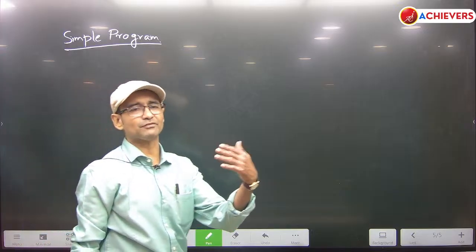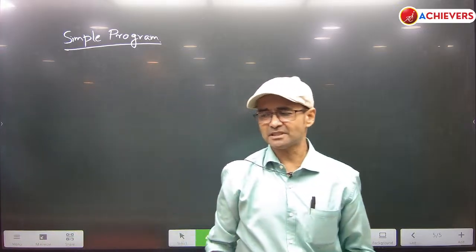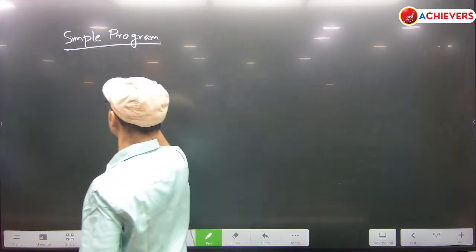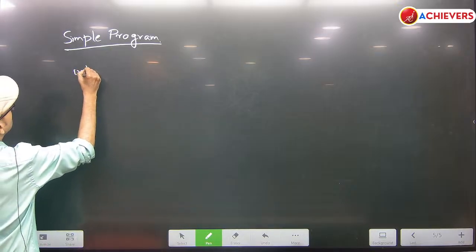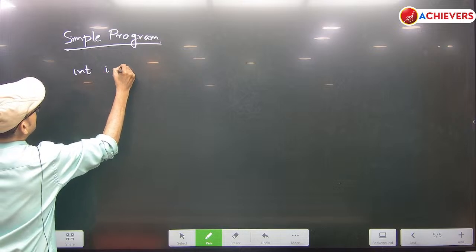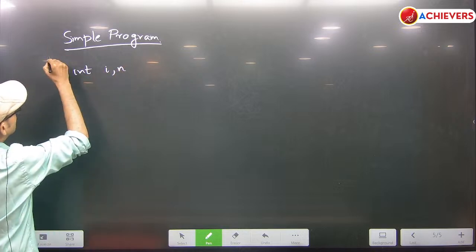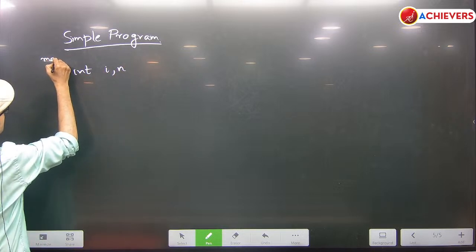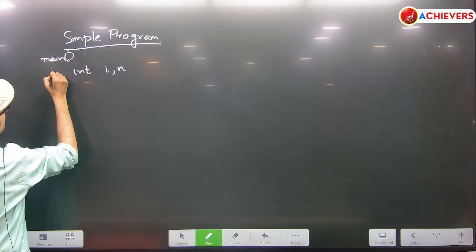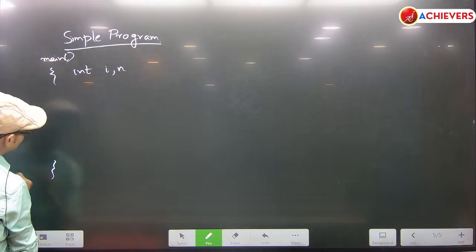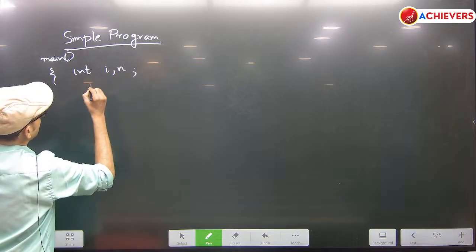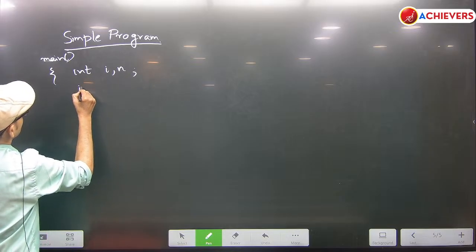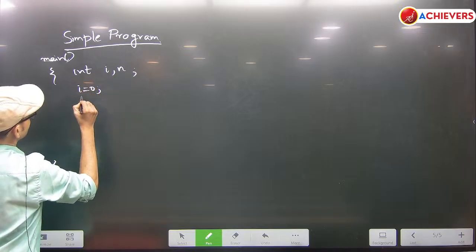Since we have C program in the next semester, I will be just writing a very small C program to make you understand. Int I comma n. We are not writing main, etc. Main can be defined as a function. Within that we write everything. Int I comma n, I equals 0.